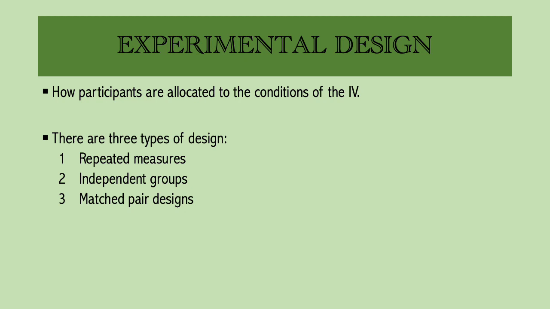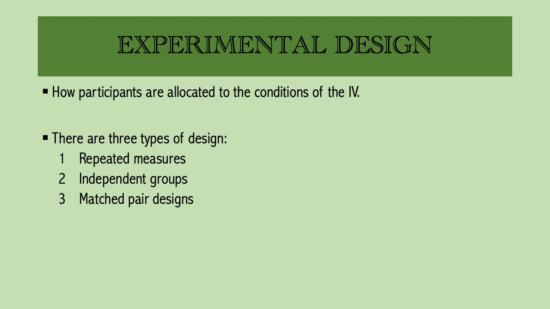Now, what is meant by experimental design? It is how the participants are allocated to the conditions of the IV. As you know, experiments have IVs and a DV. The IV usually has more than one condition in order to make comparisons. For example, you have participants exercising for different hours.